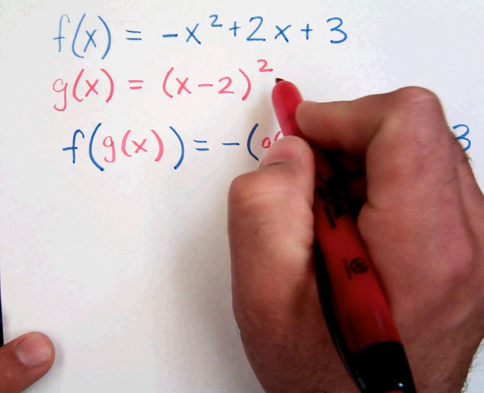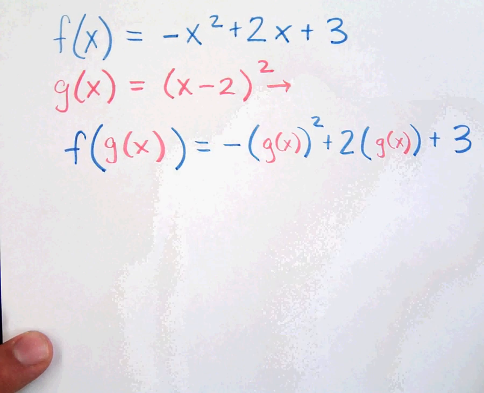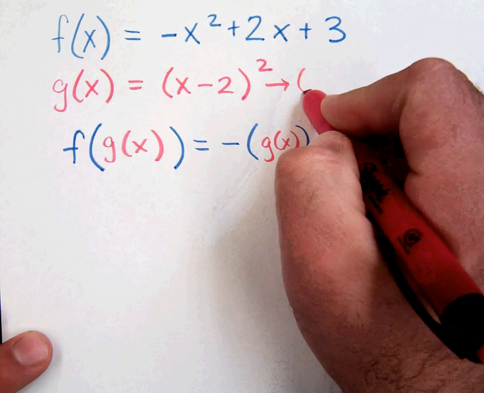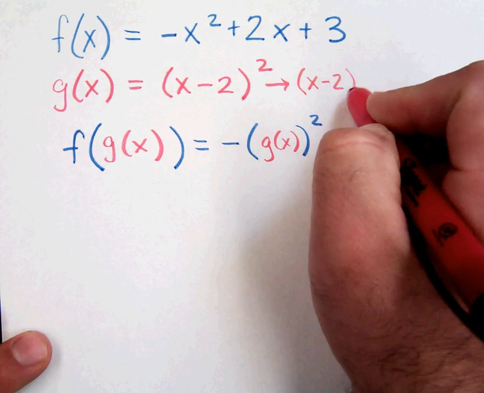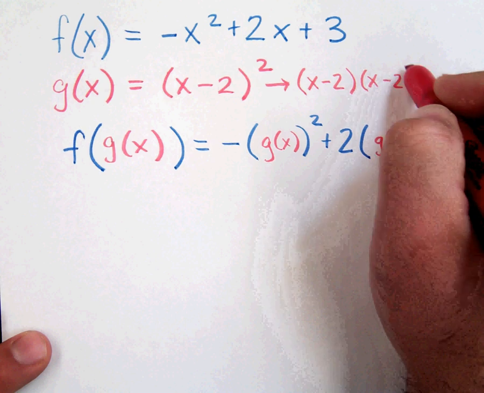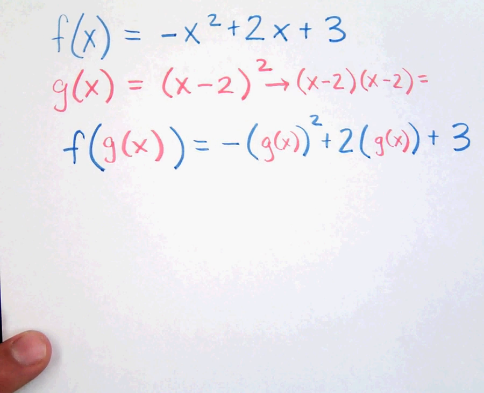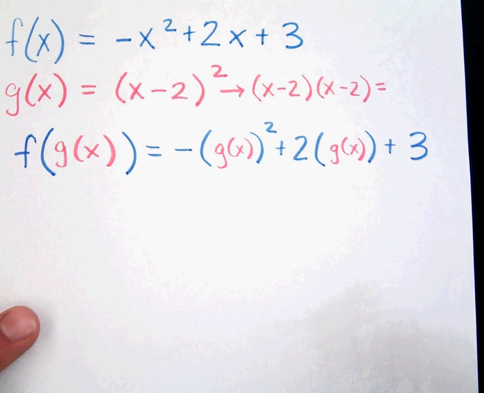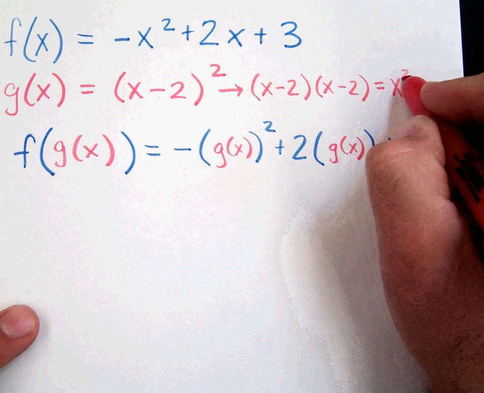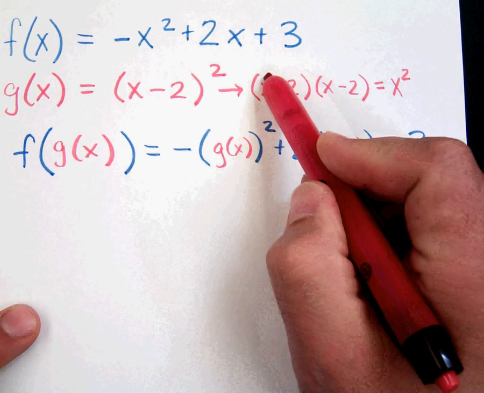Before we do that, let's take the red function and expand it using foiling. X minus 2 squared means to take x minus 2 times itself. When we FOIL this, we end up with x squared when we do first times first.